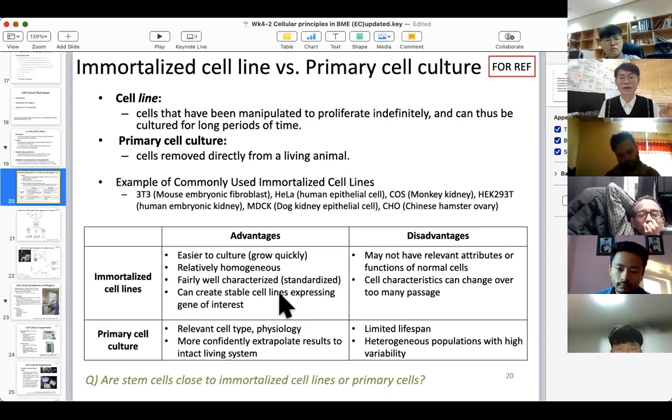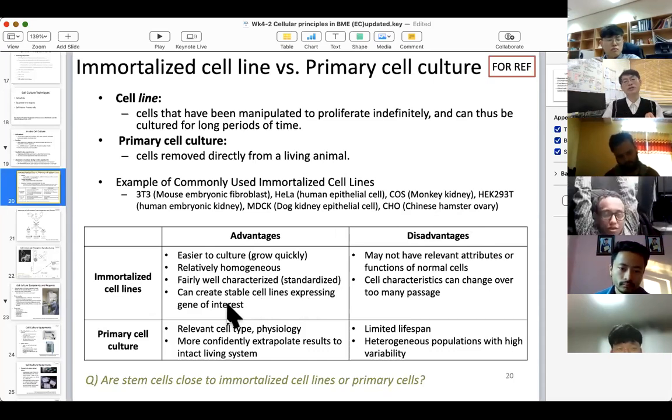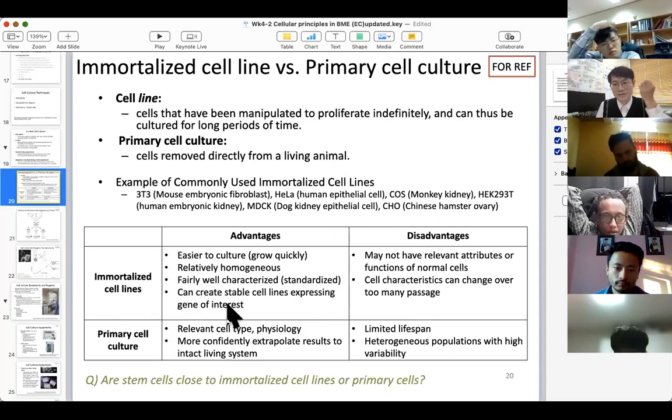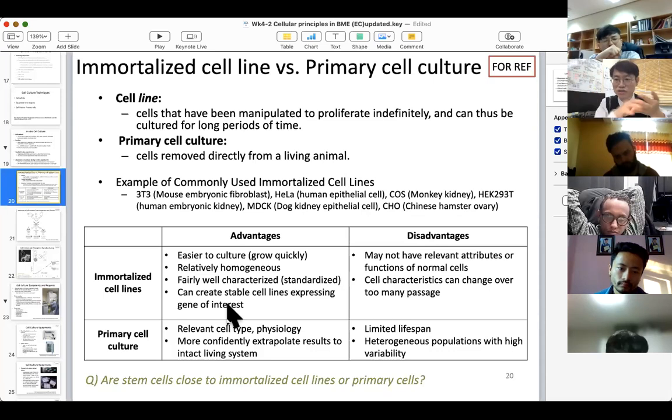And also, because they keep going, you can manipulate them by expressing a gene of interest. For example, with a breast cancer cell line, you can insert, let's say, HER2 genes so that you can make HER2 overexpressing cells, or you are interested to delete them to see what changes happen. For that purpose, immortal cell lines are great.